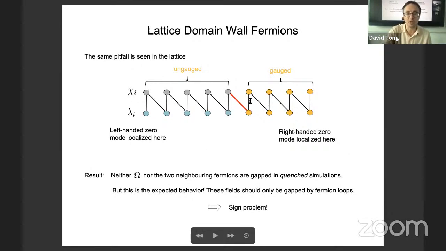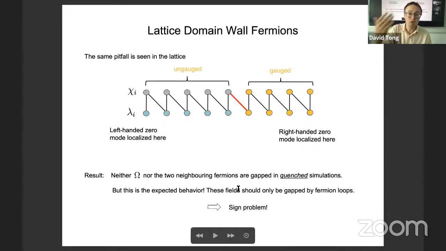In those quenched simulations, they saw that not only did this Wess-Zumino term, the red guy, not decouple, but there are also essentially massless fermions stuck here and here. So it was almost as if the extra chiral mode that was here had suddenly been transported to the edge of the waveguide region. You just reproduced the whole slab within the waveguide region.